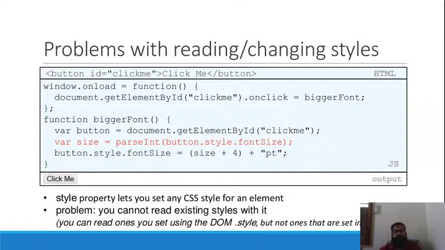So the problem with this particular CSS styling is that you will be able to set a particular style using JavaScript, but if you are working with an HTML file which has an external CSS file, then because we have not set it with dot style in the HTML, in the DOM itself, and it is in the CSS file, we will not be able to get the existing styles using the style object.